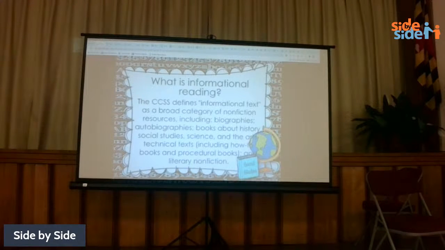So biographies, autobiographies, books about history, social studies, science, art, technical texts, and things like that. So it's non-fiction, it's informational text. So you're going to learn something from it. It might not be so pretty about princesses and fairies and dinosaurs. You know, it might be about dinosaurs though. That's history, but it's more to gain knowledge rather than to entertain.